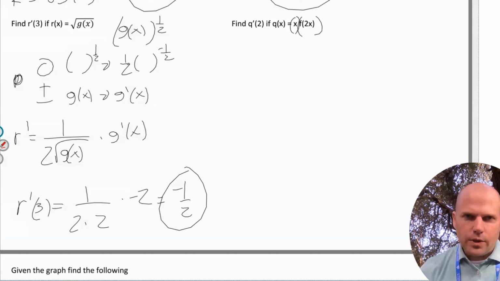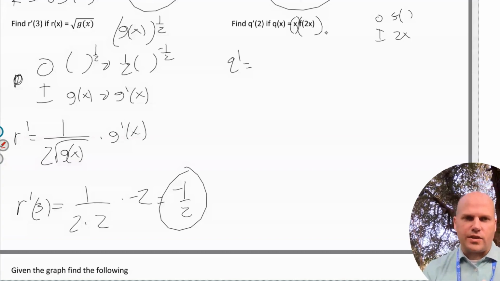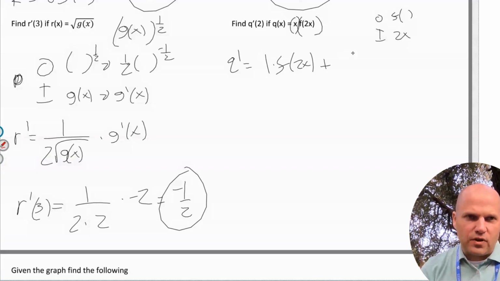Oh, what do we got here? A product rule first with a chain on the innermost, or chain on the second piece. So I got the slopes of the first times the second, plus the slopes of the second, which is f prime of 2x times 2.